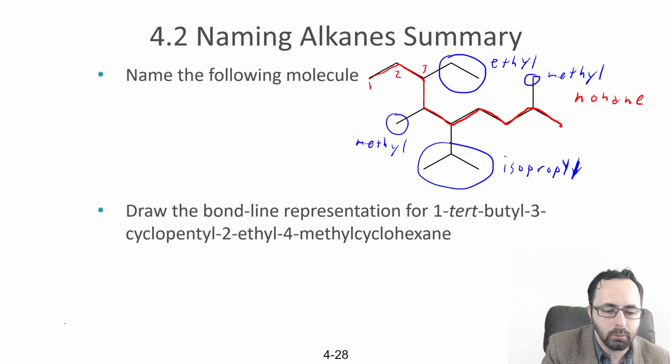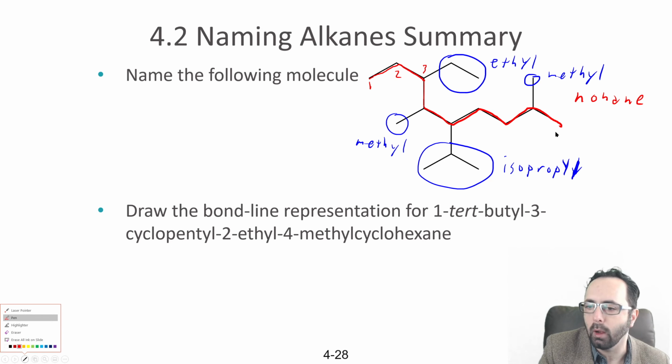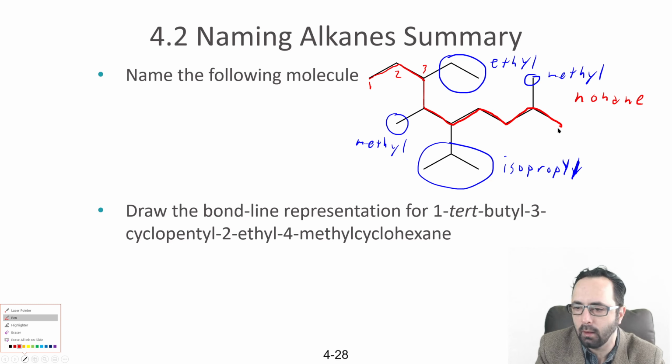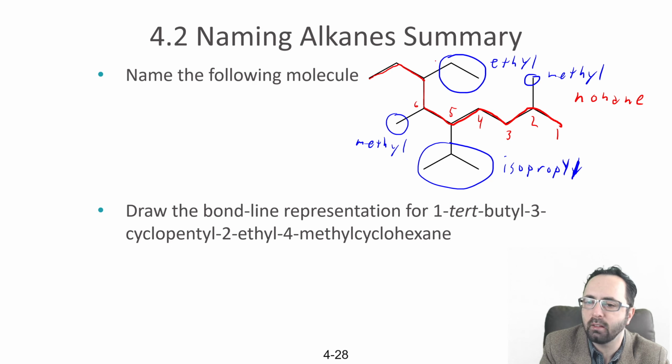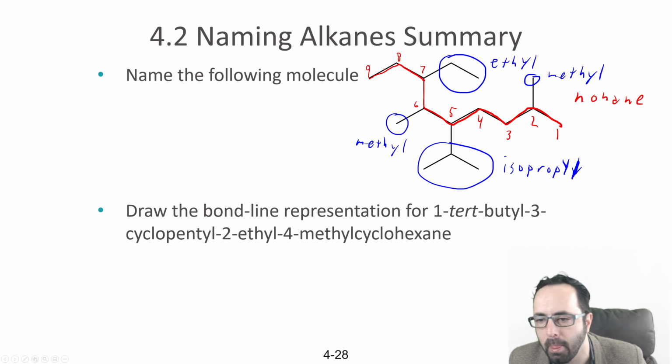So actually that would be incorrect, because if we go the other way like this, 1, 2, we get to the first branch at carbon number 2. And so we're going to number from the right side to the left side. So there's going to be 3, 4, 5, 6, 7, 8, 9, like that.